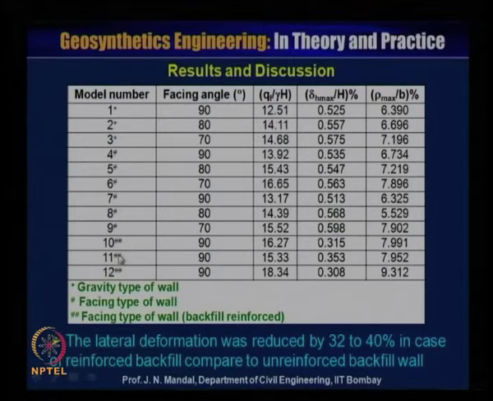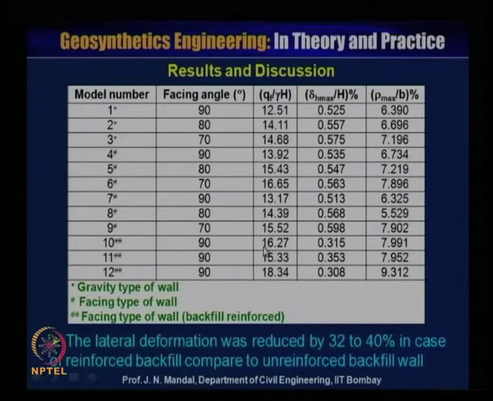Similarly, for 10, 11 and 12, that is the facing type wall with backfill reinforcement. That means facing and reinforcement are provided. The facing angle is 90, 90 and 90.